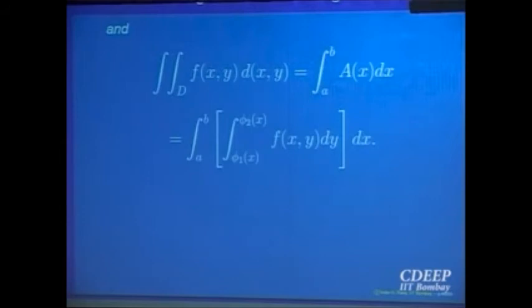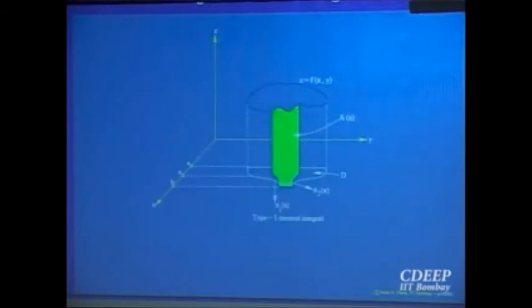Is it clear? You are still integrating one variable at a time, because your domain is such that you are able to separate out the variables in the domain itself. That is the basic advantage. Domain type 1 says x lies between a and b, and y depends only on functions of x, or the other way around. That's why you are able to separate it out. And similarly if it is of type 2, the basic idea is the same.